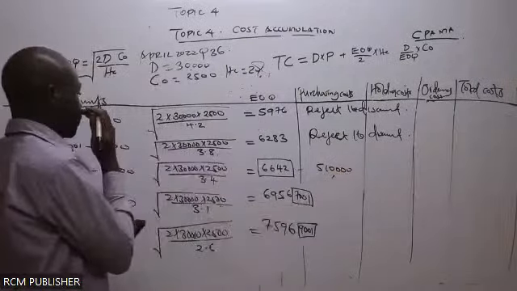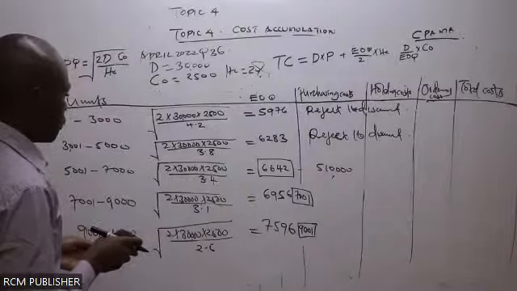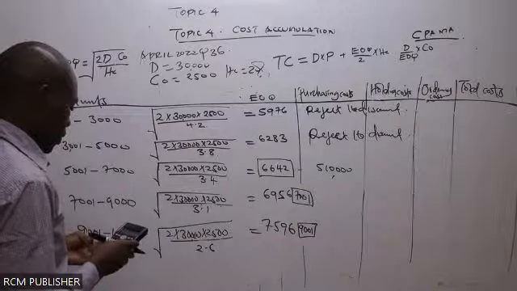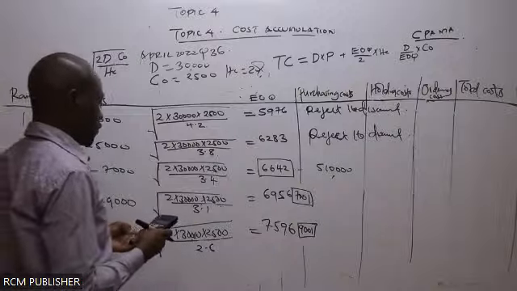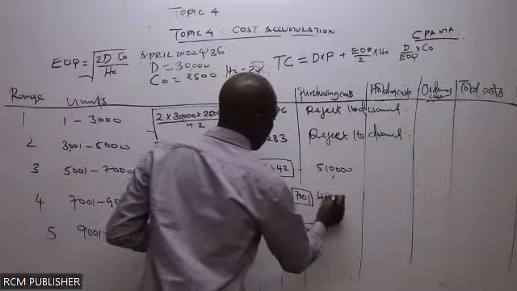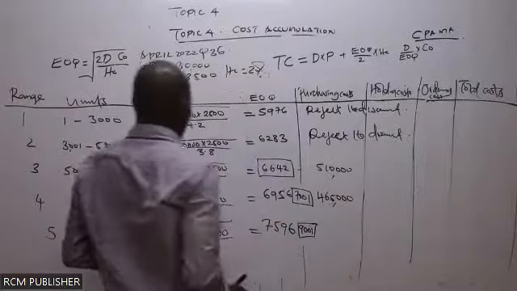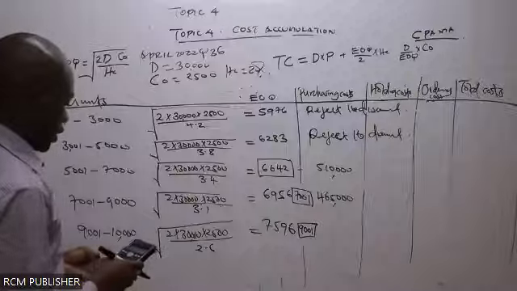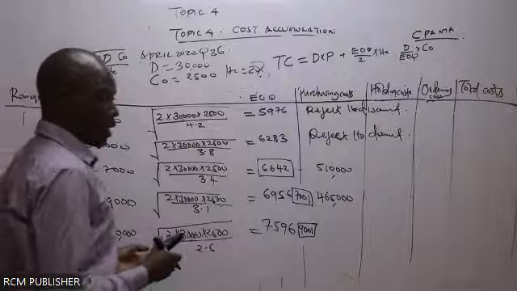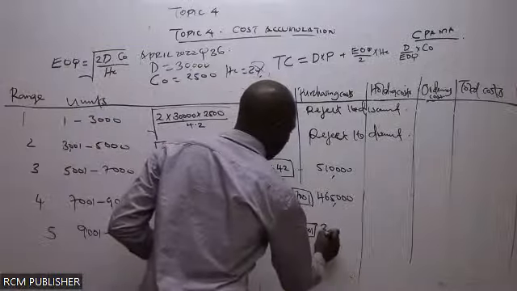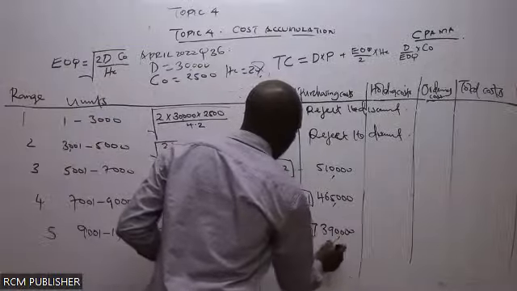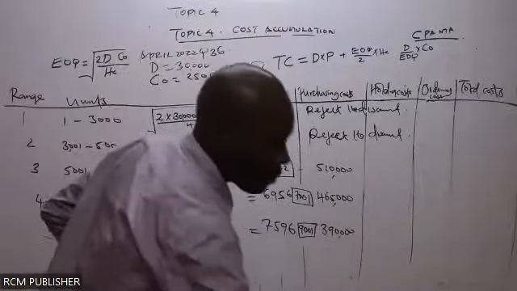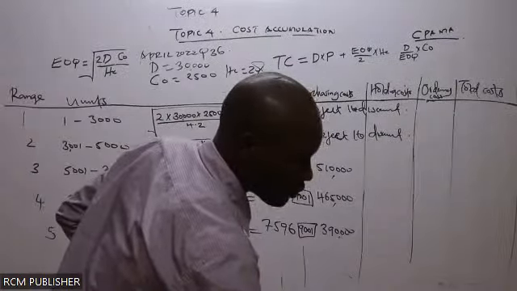I come from 17 to 15.5, $465,000. I come down here, I have 13 times 30,000. I will have 390,000. I am done with purchase cost.